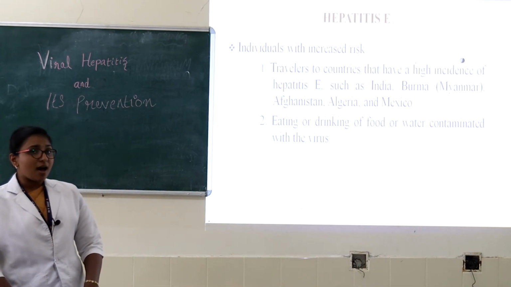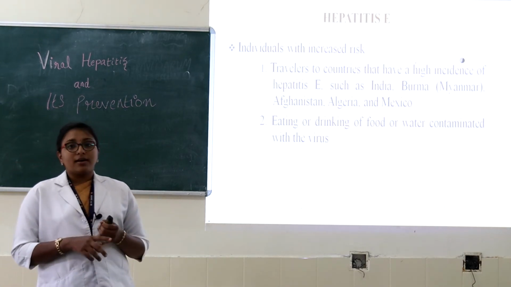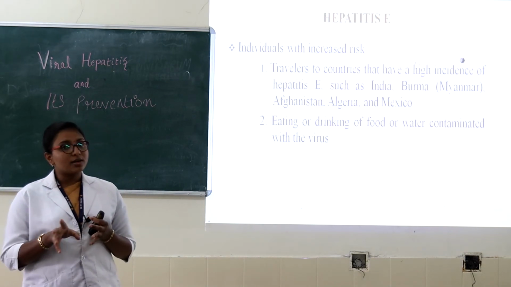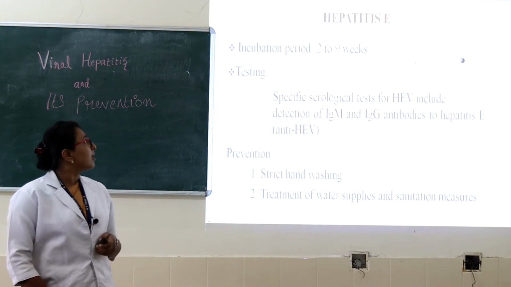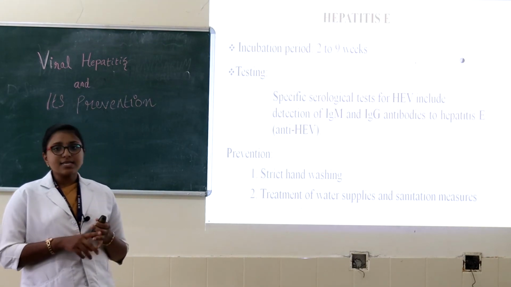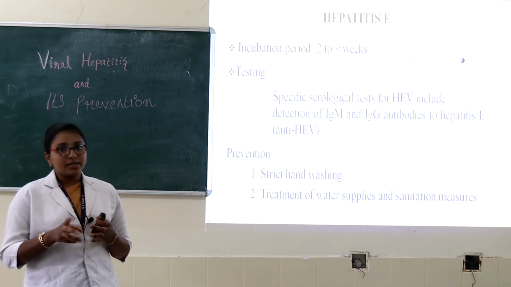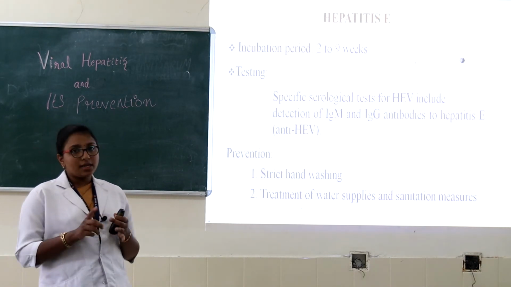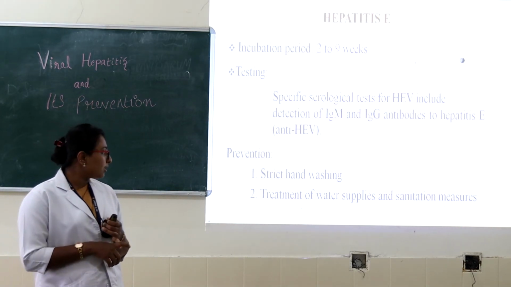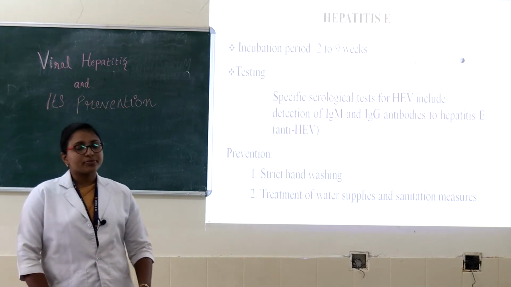These countries are high risk for hepatitis E virus, and there is also more risk from food or water contaminated by this virus. The incubation period is 2 to 9 weeks. The testing is serological testing of hepatitis E virus, which includes immunoglobulin M and immunoglobulin G. Then prevention is strict hand washing, treatment of water supplies and sanitation measures.